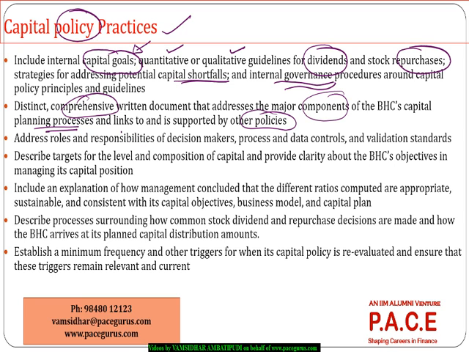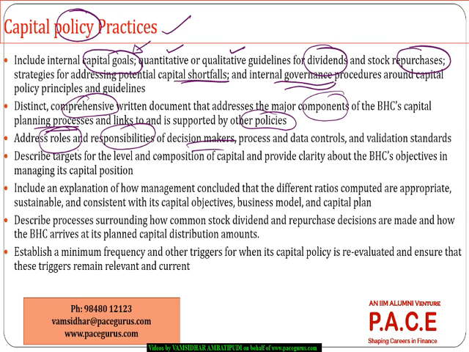And across the layers, whosoever is involved in the capital planning process, capital policy process, I need to address the roles and responsibilities of the decision makers. So there should be clear processes, data controls, validation standards. They all need to be properly documented and strictly adhered to.